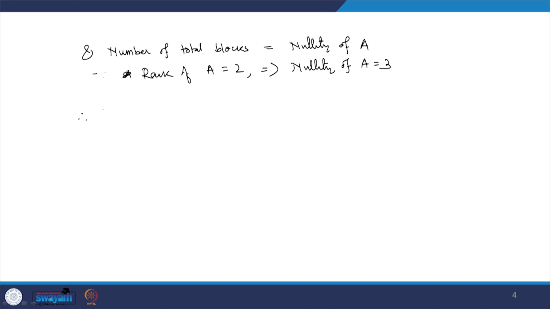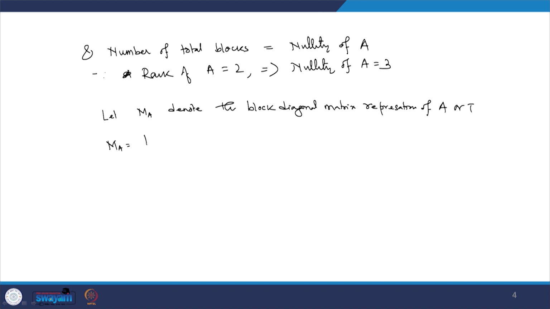So, let M_A denote the block diagonal matrix representation of A or T. Then M_A will be a diagonal matrix where one block will be of order 3, since the index of A equal to 3.